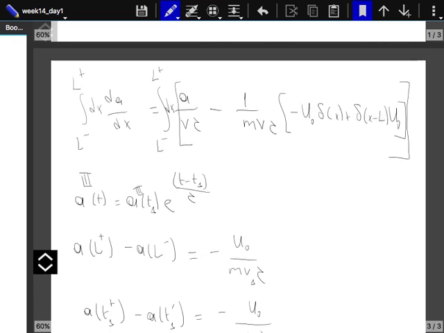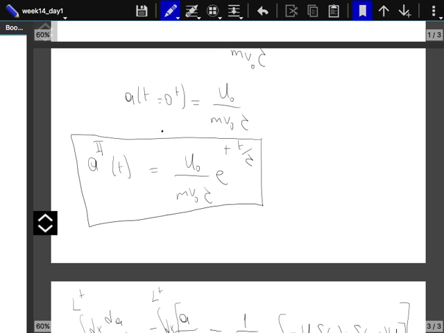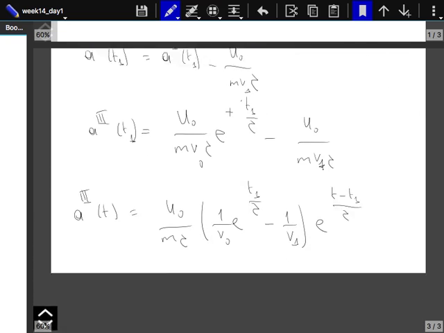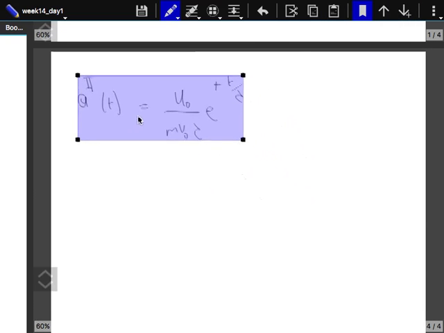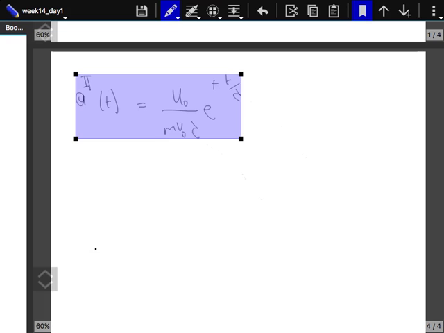let's go back to the acceleration in region 2. So this is nothing but dv by dt in region 2.